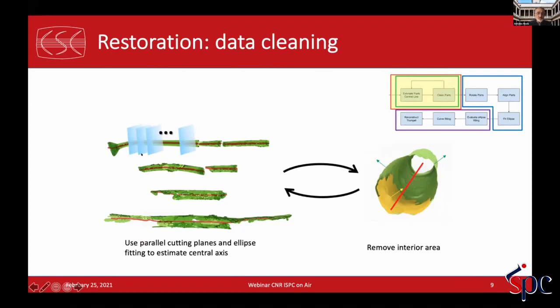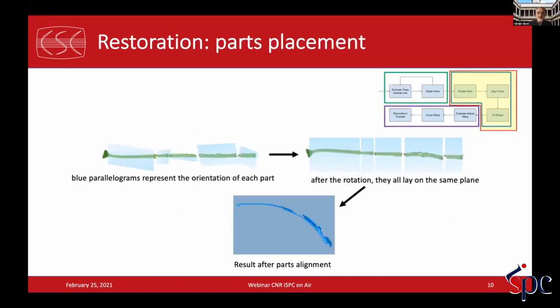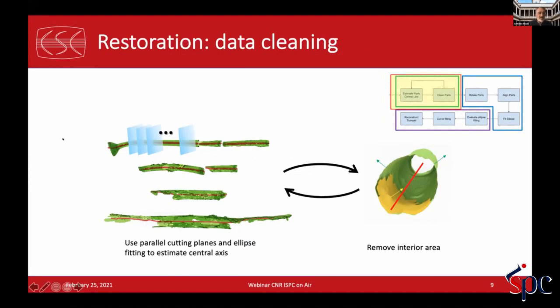First, each part was cut by parallel planes, obtaining a set of elliptical sections. Then we estimated the centers of each elliptical section, and in this way we estimated the central axis of each part by connecting these centers.